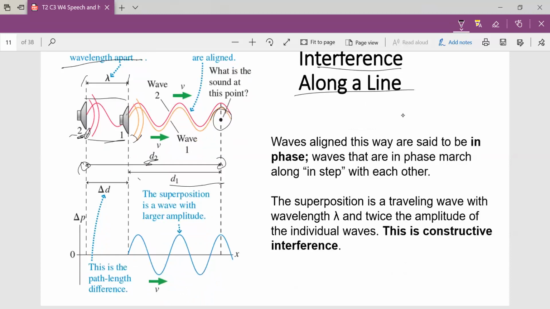The difference in these two distances is what we call the path length difference. Okay, so the path length difference is represented by change in D, while the graph here is the total superimposed sinusoidal wave.